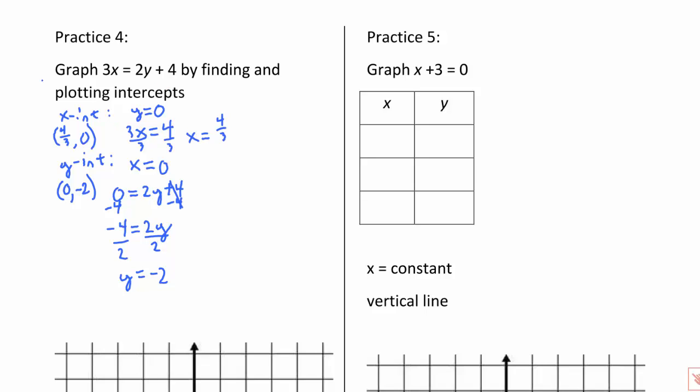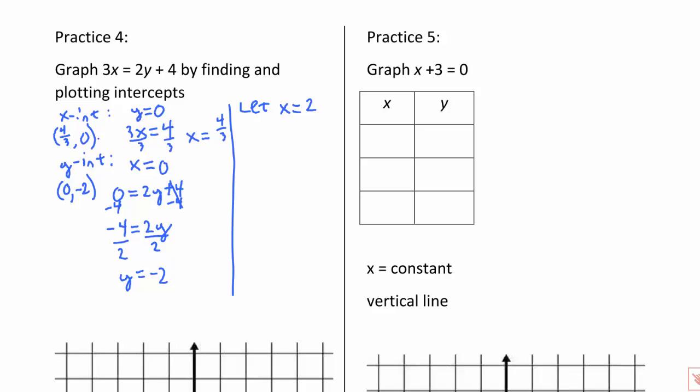Now, that's all it says to do, and that's fine. I'm going to go ahead and do a third coordinate though. Notice that the y is going by 2's here, so instead of 0, because that's what I used here, I'm going to let x equal a different value, in this case 2.